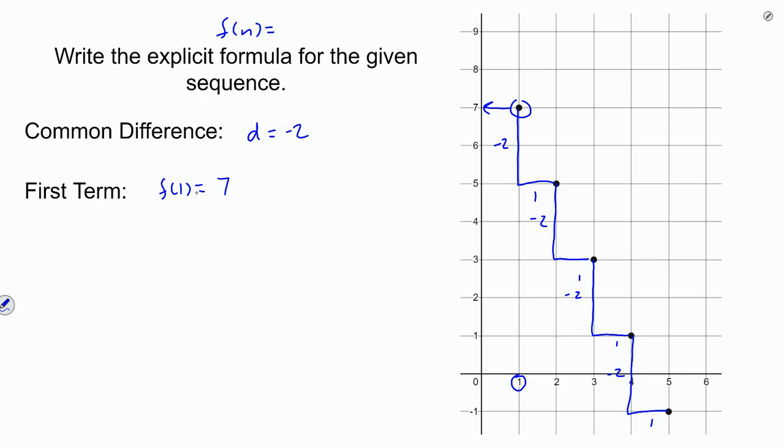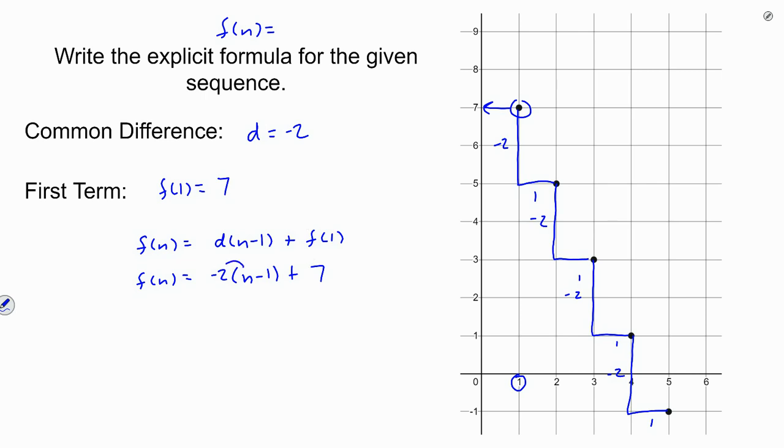I found my first term. So I'm going to use the formula d times n minus 1 plus f of 1 to find my formula. Let's plug it in. I've got negative 2 times (n minus 1) plus 7. So I replaced all my parts.